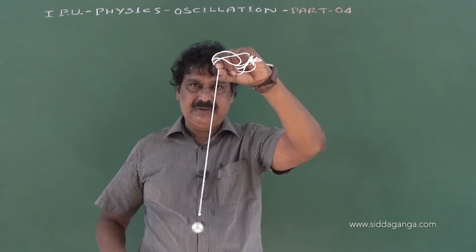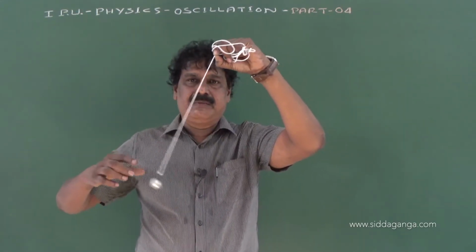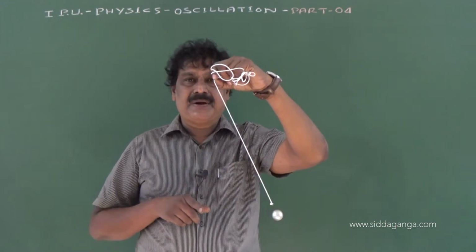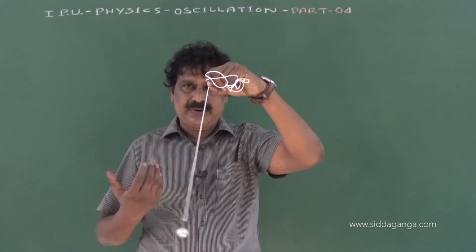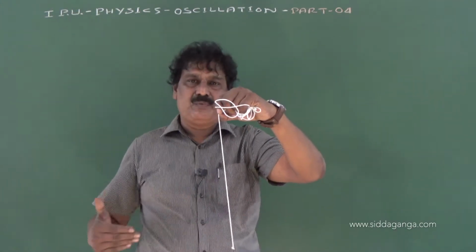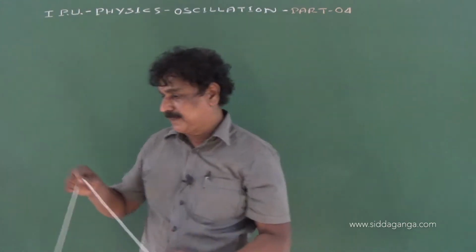Can you observe the oscillation of the pendulum bob? You can clearly observe that it has a to and fro motion because its frequency is very, very small.